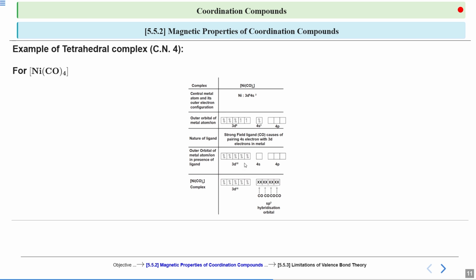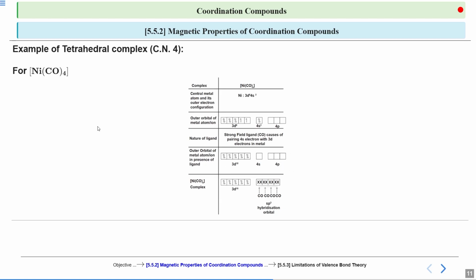So from the 3d8 we got 3d10 because of the pairing of the 4s electrons with the 3d electrons in the metal. So the outer orbital configuration of the metal atom or ion in the presence of ligand is going to be like this: 3d10, all paired electrons, 4s0 4p0.